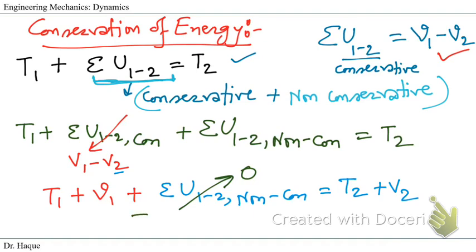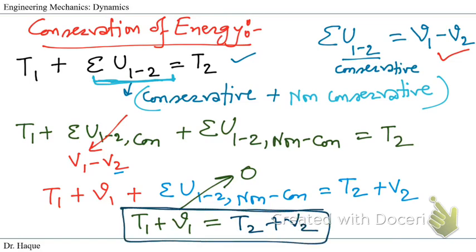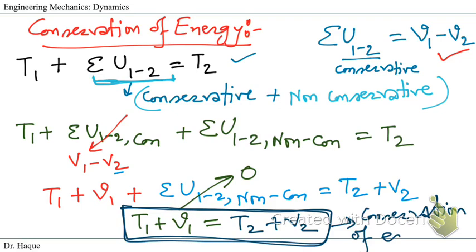So the equation becomes T1 plus V1 equals T2 plus V2. This is our equation. This equation is called conservation of energy.